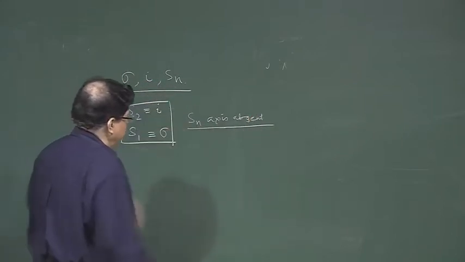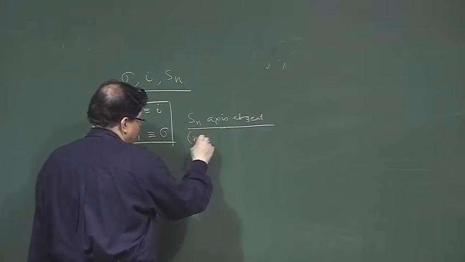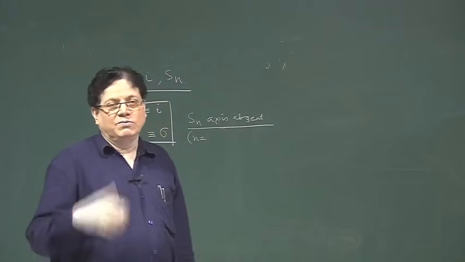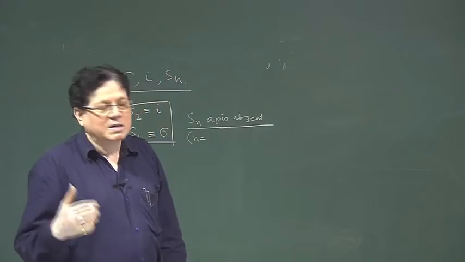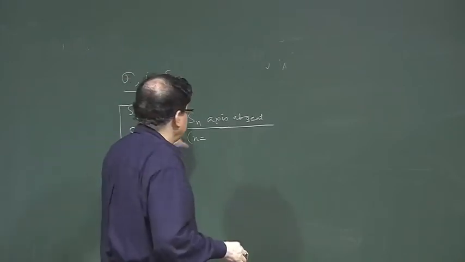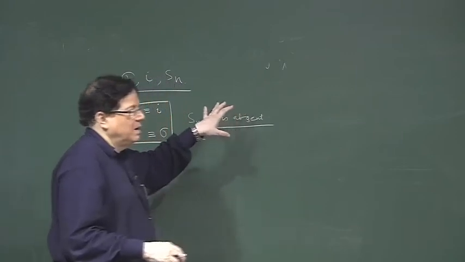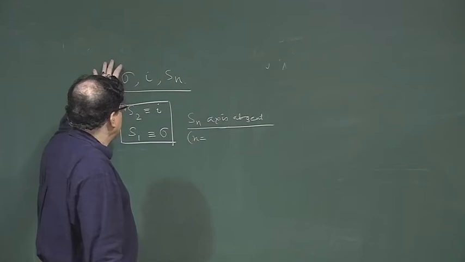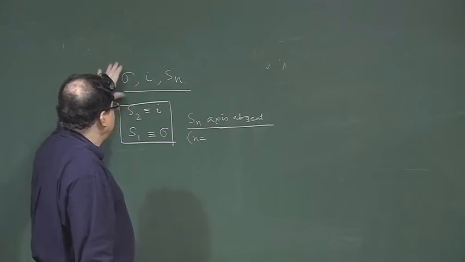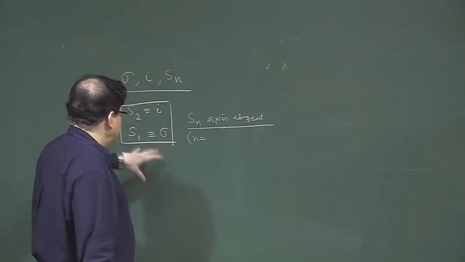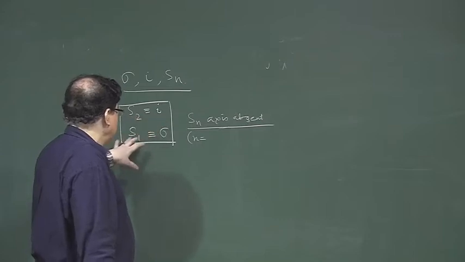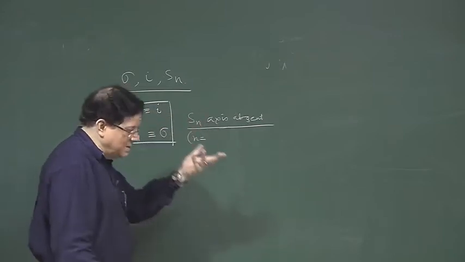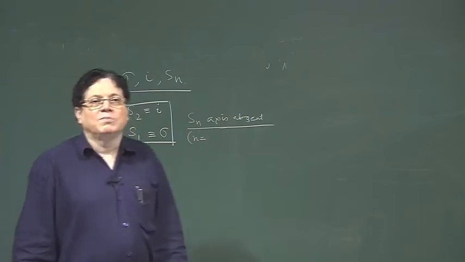When these are absent, but here you better write, because you have to be careful in the sense that just don't go and write only that Sn axis is absent, because there may be problems, some people may not like it. So, you start with this, that it should not have sigma, I and Sn, but then since S2 is equivalent to I and S1 is equivalent to sigma, it is sufficient to say that Sn axis absence is the minimum criteria for optical activity.